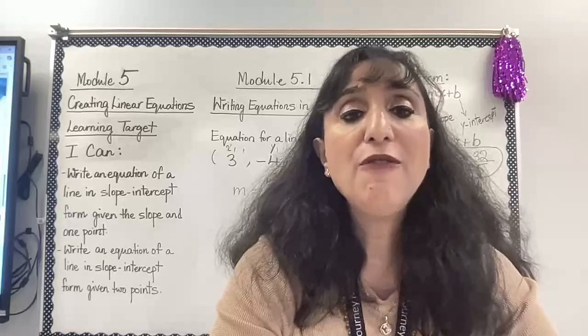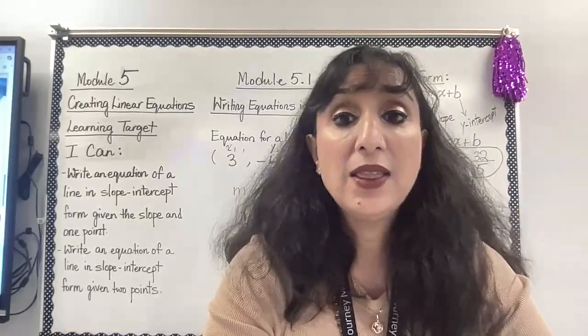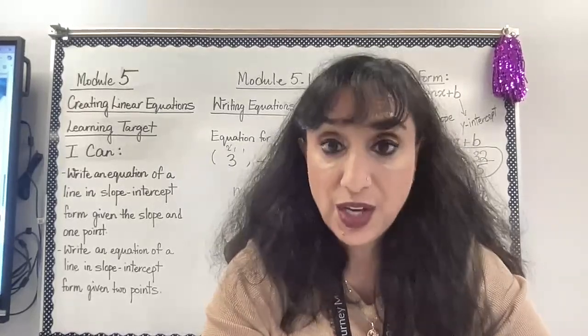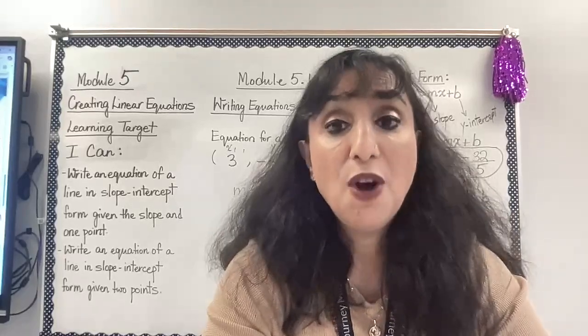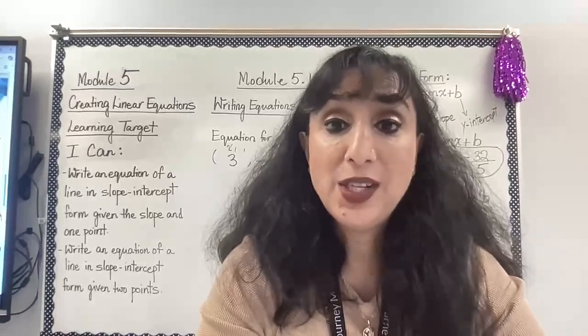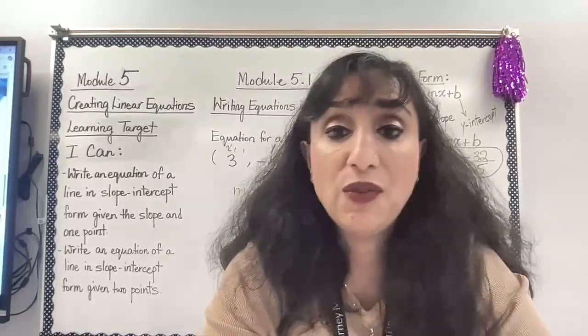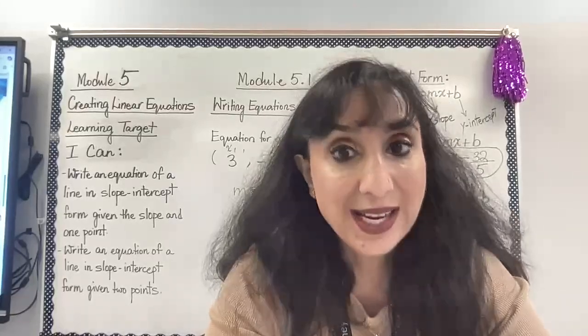In the second form, I am provided the two ordered pairs. So then I have to go ahead and first calculate what the slope is by doing y2 minus y1 over x2 minus x1, which is nothing but change in y over change in x.